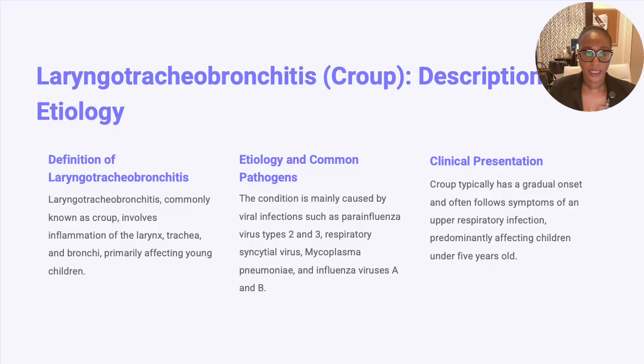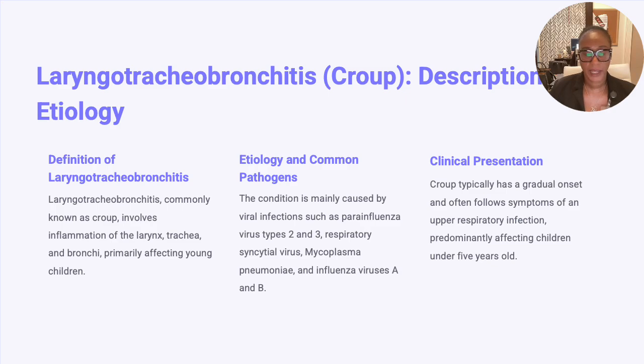Next, we're going to look at laryngotracheal bronchitis, otherwise referred to as croup. We're going to look at the description and the etiology. Laryngotracheal bronchitis, commonly known as croup, involves inflammation of the larynx, the trachea, and the bronchi. Primarily, this affects younger children.